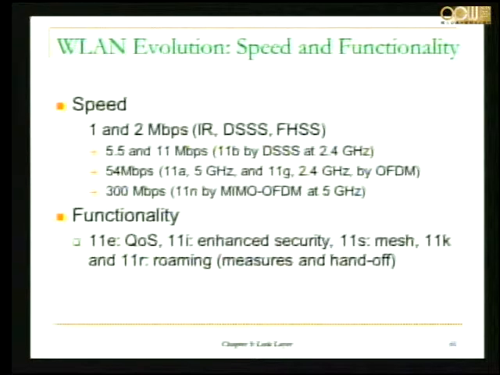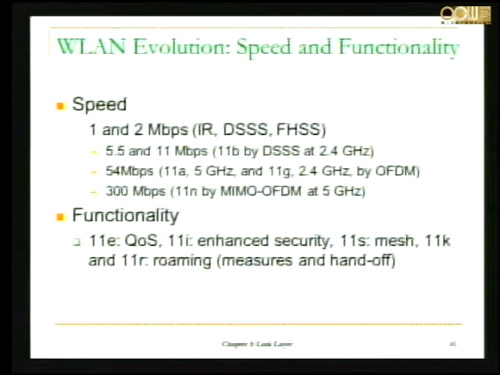And in functionality, they define some substandards under 11N, like 11E, which addresses the QoS issue. While QoS is not a big issue in a wired link, it is still an issue in the wireless environment because the bandwidth is not abundant enough. 11I is about enhanced security. 11S is about mesh.